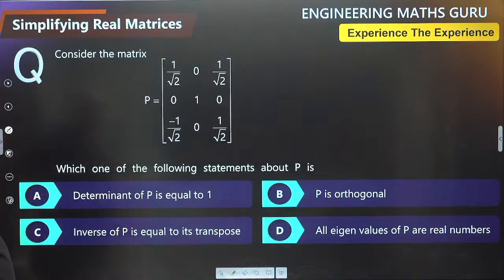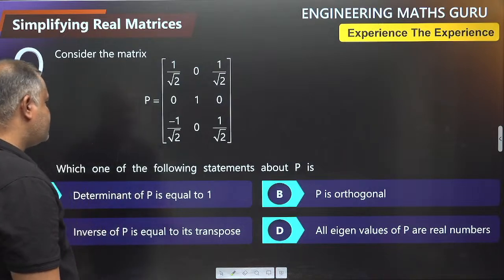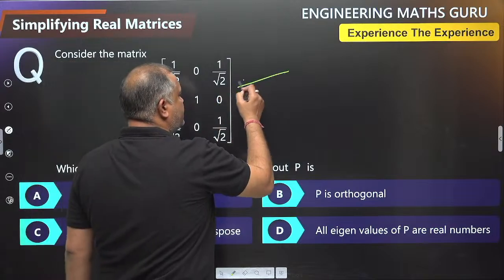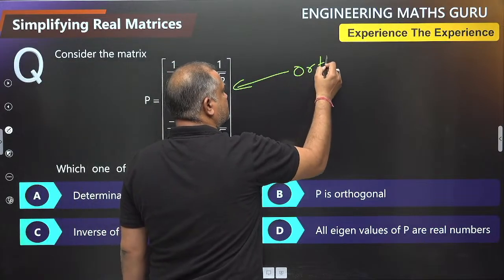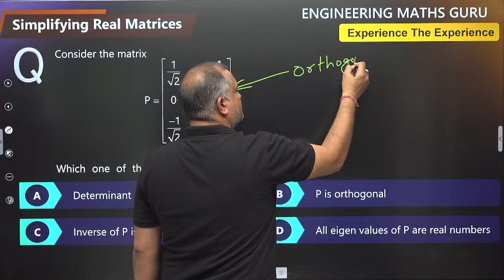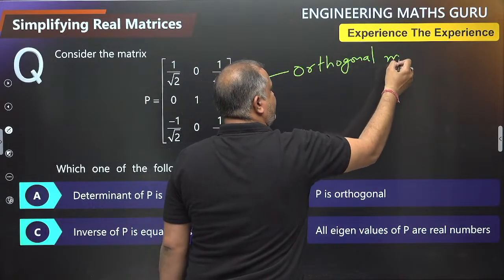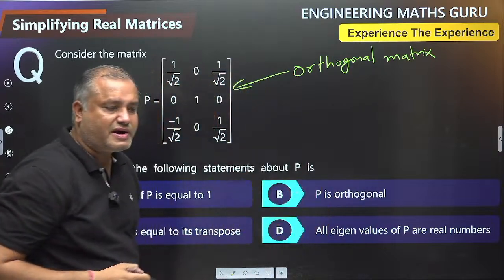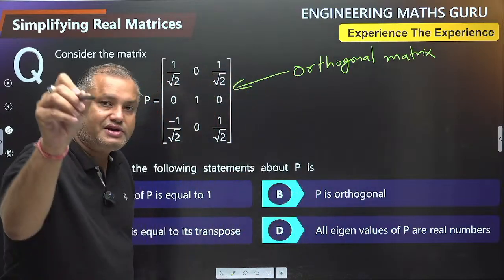Consider the matrix. Which of the following statements is correct? So all my dear students, this is an orthogonal matrix without any doubt. So how is this an orthogonal matrix? Just wait, I will teach you that trick also.